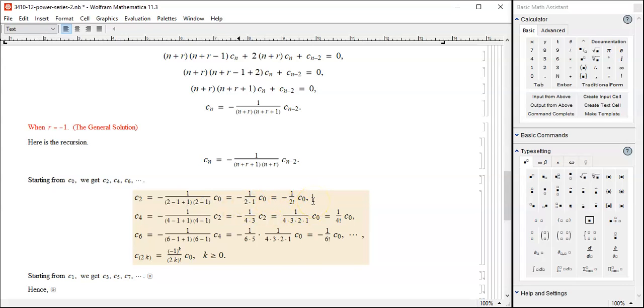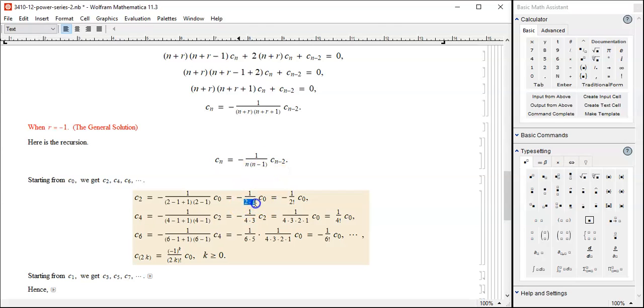A curious way to calculate this, something simple. I mean, why don't I just plug in r equals -1 here? And then plugging in r equals -1, I'm going to get just n. Yeah, we get that. n times n minus 1.